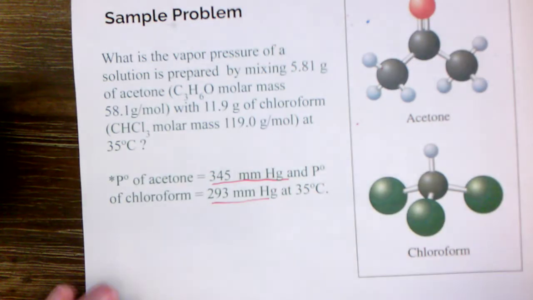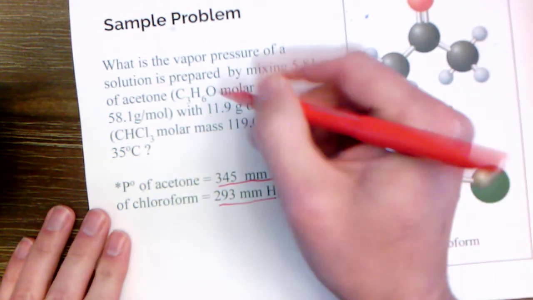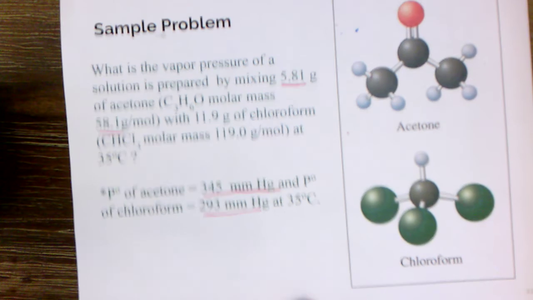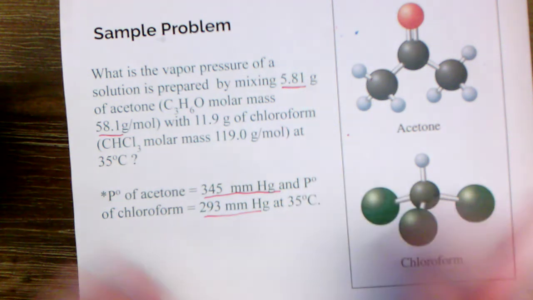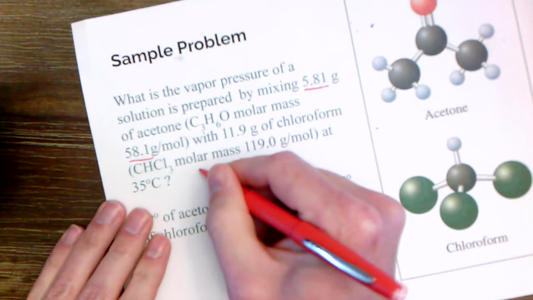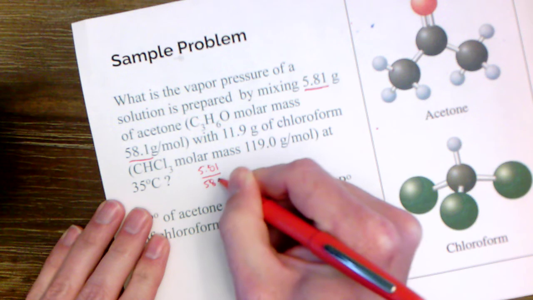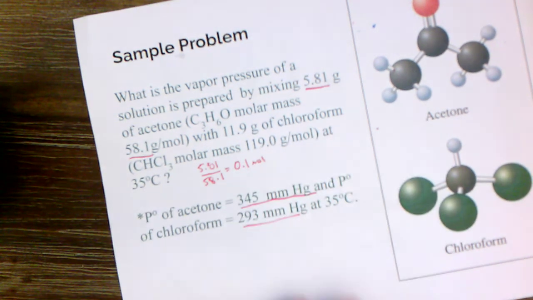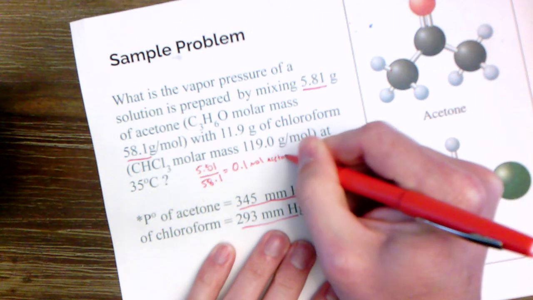The first thing we have to do is figure out how many moles each one of these has. In AP, they are notorious for giving you numbers where you should be able to do mental math. This is an example where you do mental math. 5.81 divided by 58.1, you shouldn't really need a calculator, equals 0.1 moles of acetone.